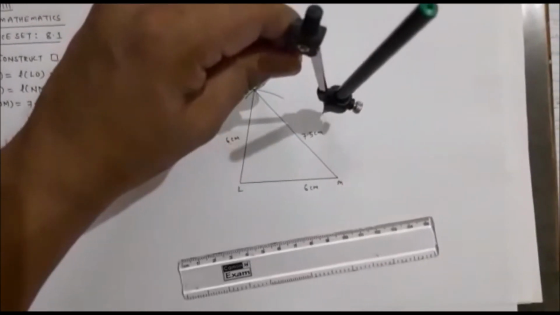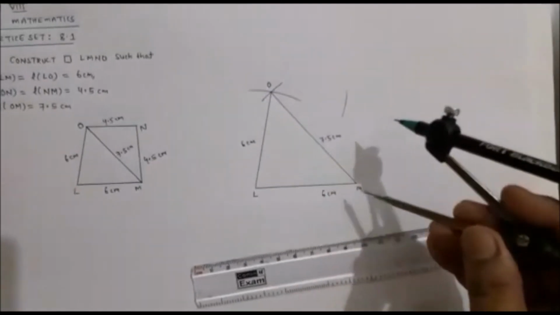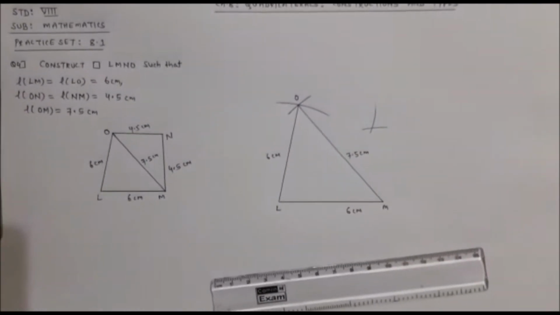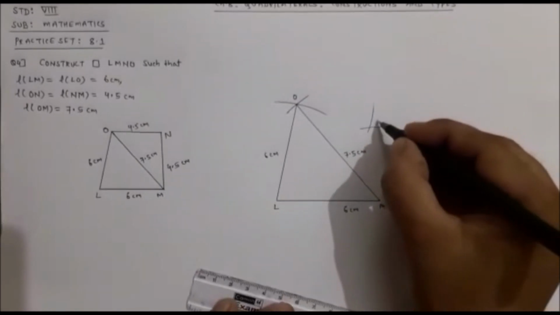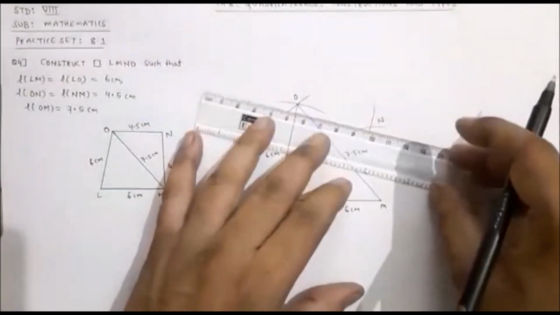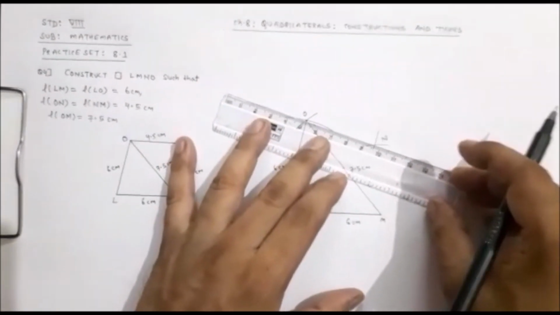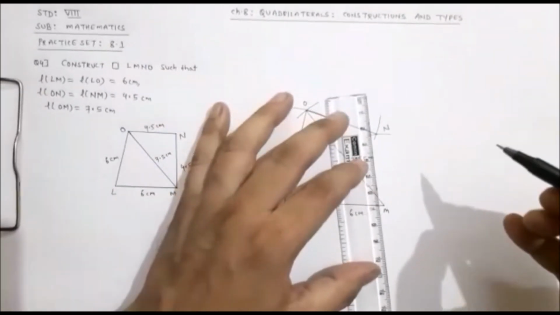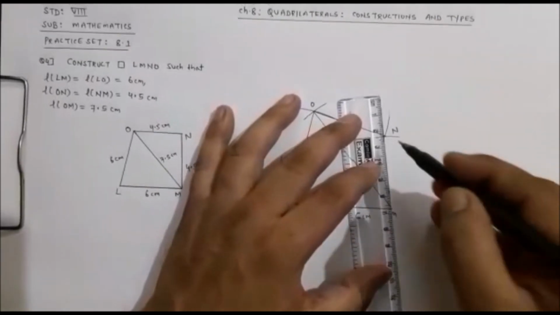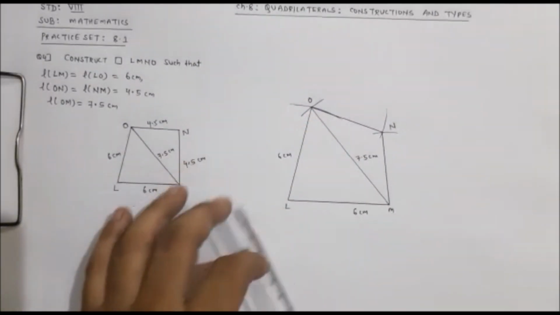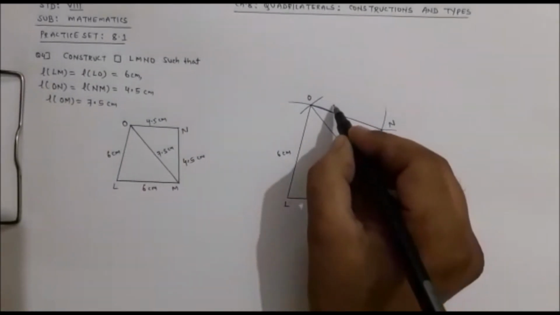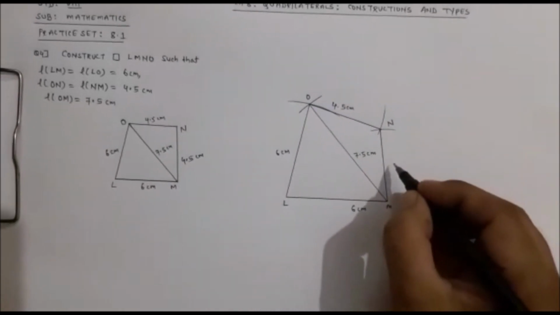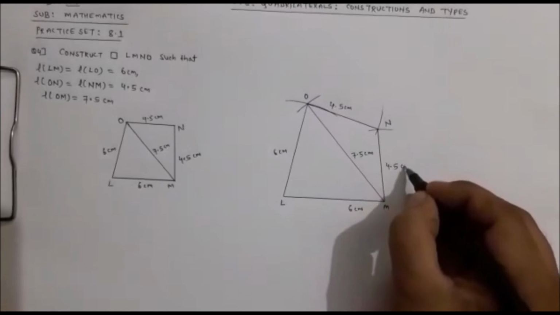Okay, and from M also cut an arc of 4.5. Can you see that? And this is point N, and draw this point O to N, and from N to M. Got it? And write the measurement, 4.5 centimeter, and this is also 4.5 centimeter.